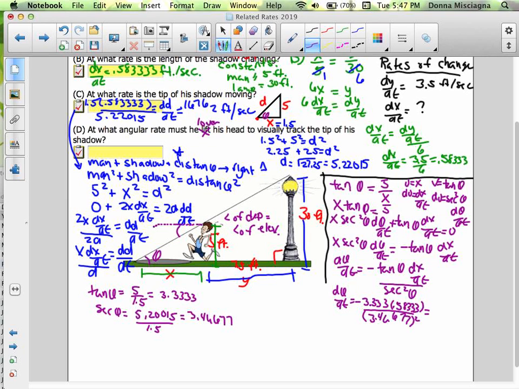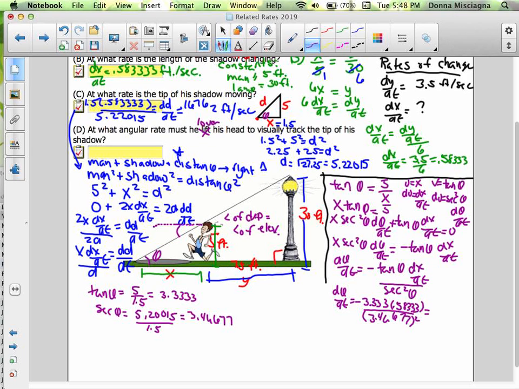All right, so we got 3.3333 times 0.58, lots of threes, divided by 3.46677 squared.